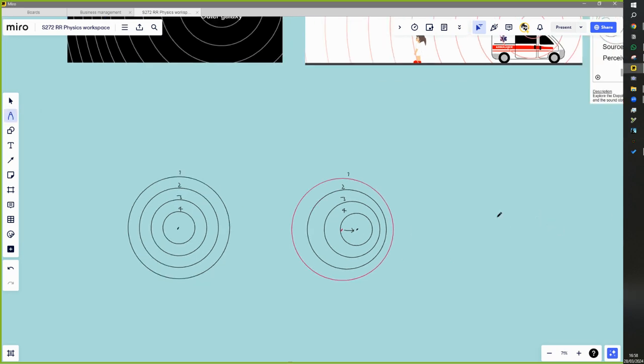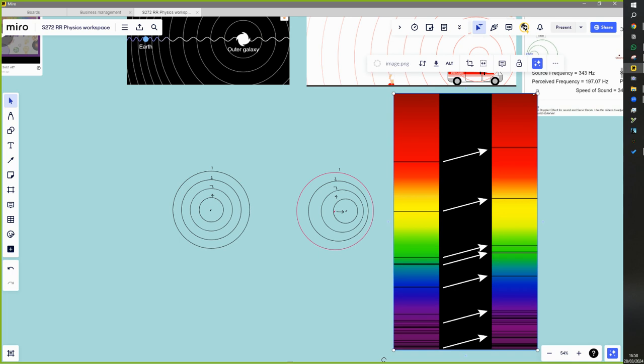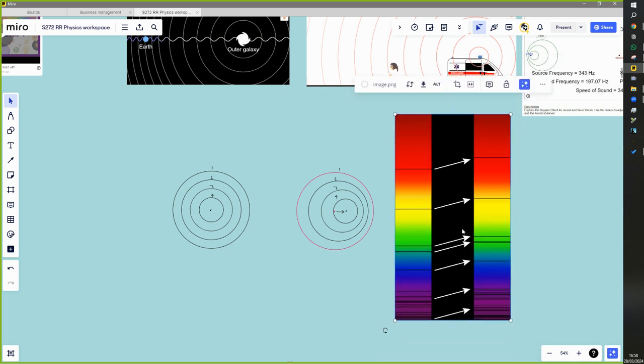If I had a chance, I'd explain this in a little more detail, but roughly speaking, this is kind of like a fingerprint, a sort of pattern from looking at all the light from a star or from a galaxy. And what we noticed is that all the wavelengths were a little bit longer than we would have expected, and so we realized that this must mean that the object that's producing the light is actually moving away from us.